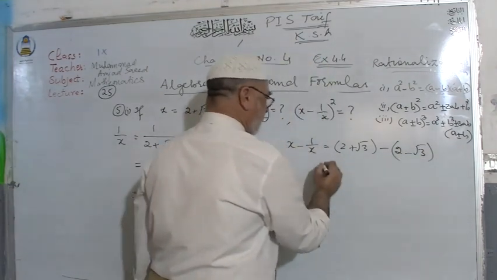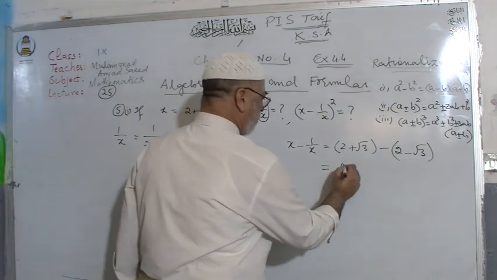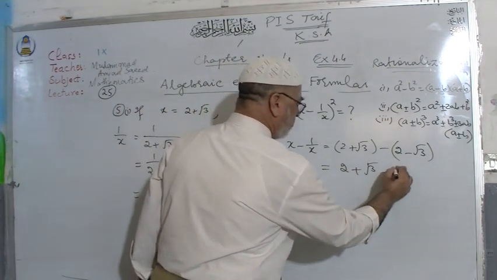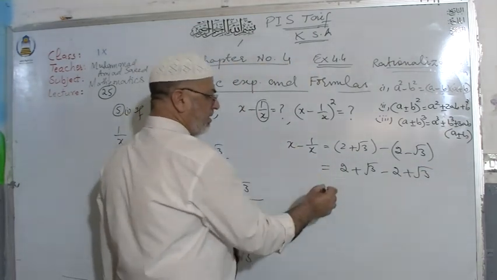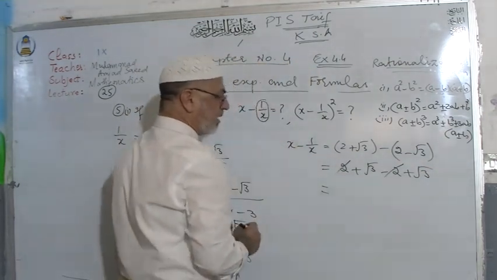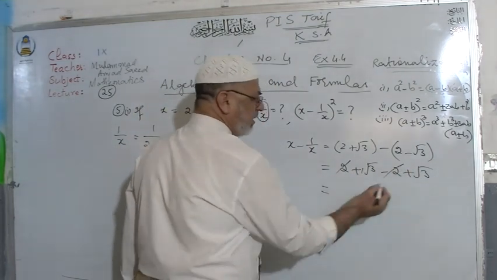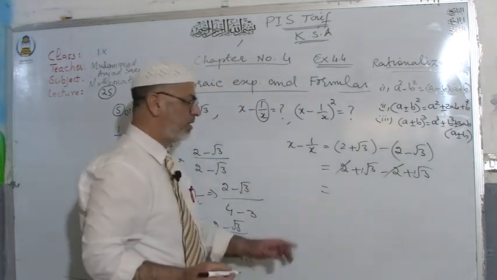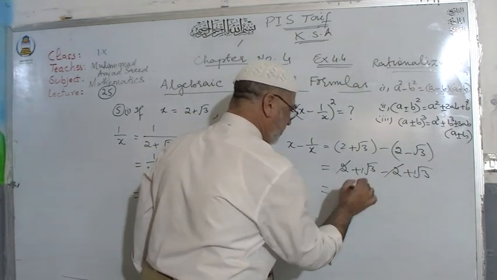Otherwise, you will make a mistake of sign, and this will not be the correct thing. 2 plus root 3 minus, bracket, 2 minus root 3. You can check, minus 2 and plus 2 cancel out. Root 3 and root 3. Basically, this is 1 into root 3, and here is 1 into root 3. So 1 plus 1, 2 into root 3.